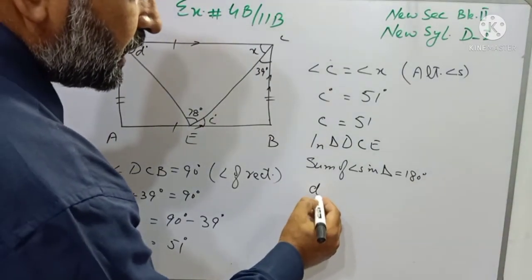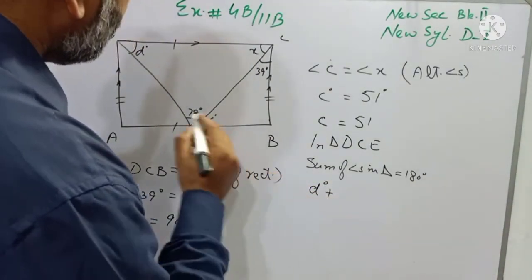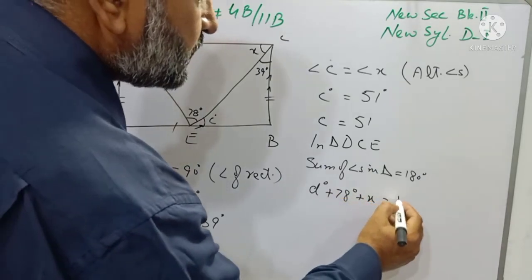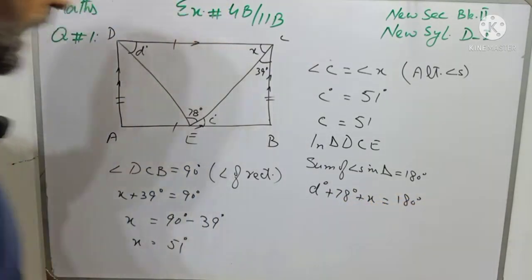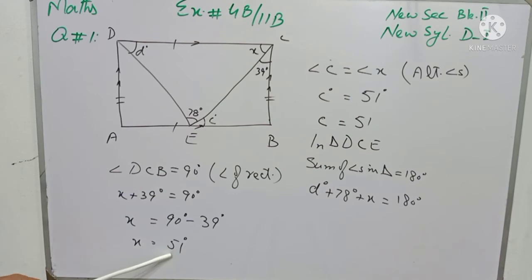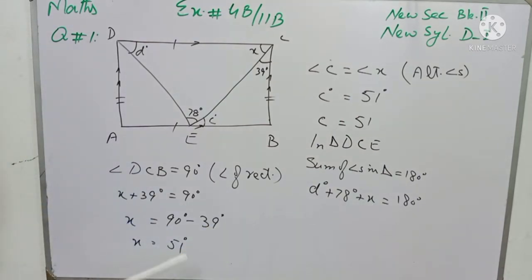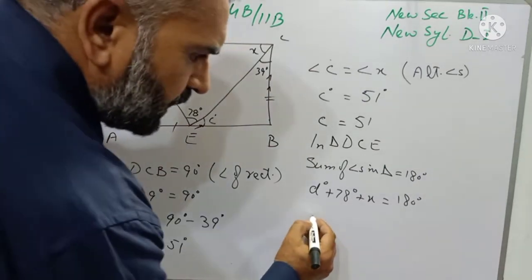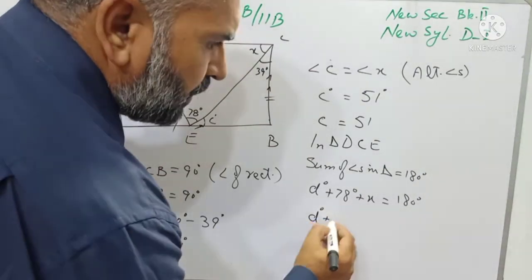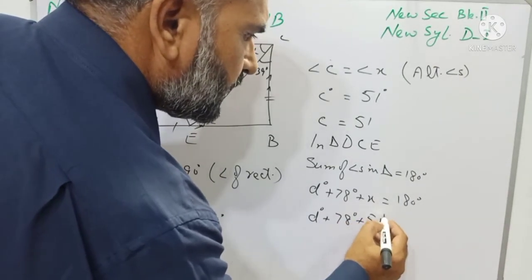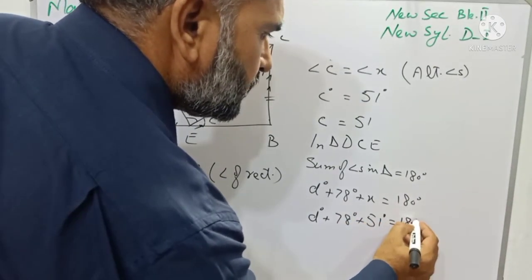Students, it will be D degrees plus 78 degrees plus X is equal to 180 degrees, and the value of X is 51 degrees. So in place of X I will write 51 because both are equal. So students, D degrees plus 78 degrees plus 51 degrees is equal to 180 degrees.